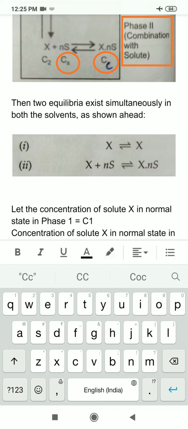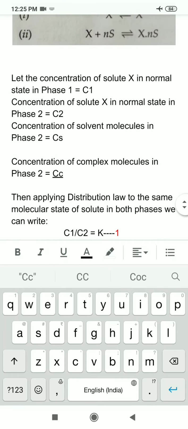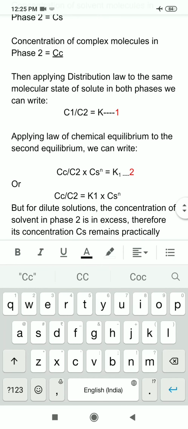So here on the product side it is concentration Cc, and on the reactant side it is C2 and Cs. So law of chemical equilibrium gives Cc upon C2 into Cs raised to power n equal to K1. This is equation 2, where K1 is equilibrium constant. Or by rearranging this equation, I can write Cc upon C2 equal to K1 into Cs raised to power n.